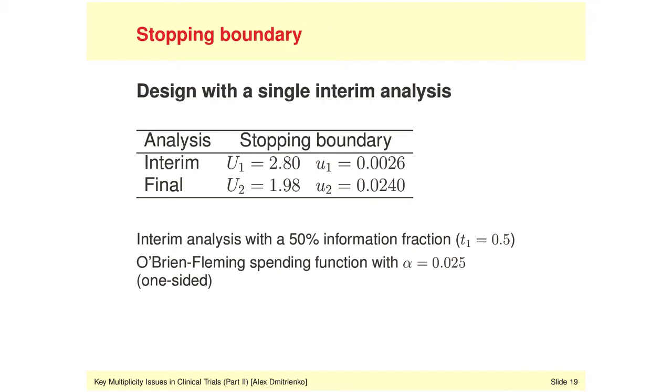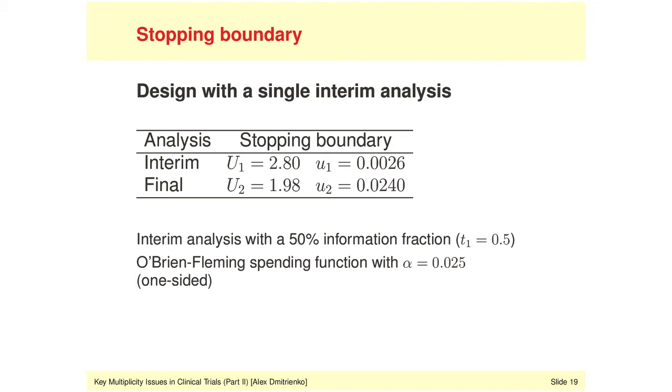Using the O'Brien-Fleming spending function with a one-sided alpha of 0.025, we can compute uppercase U's or lowercase u's, the adjusted critical values or adjusted significance levels at the interim or at the final analysis. Let's take a look at the adjusted significance levels that are shown in the rightmost column in this table.